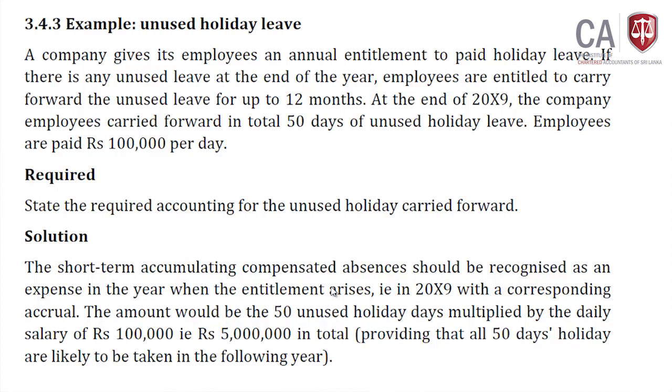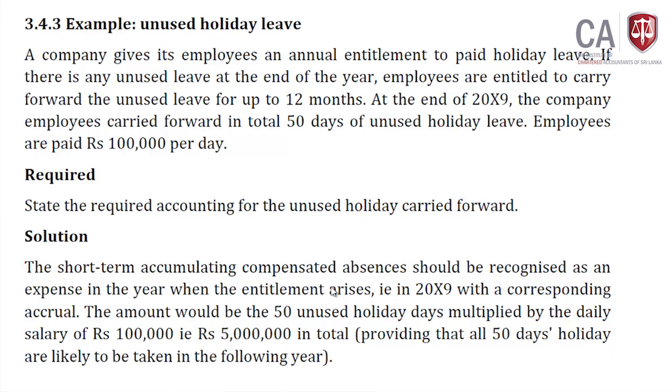The short-term accumulating compensated absences should be recognized as an expense in the year when the entitlement arises. That is in 2019, so you have rendered the service for 2019. Therefore, this should be recognized in the financial statements of 2019, with the corresponding accruals.